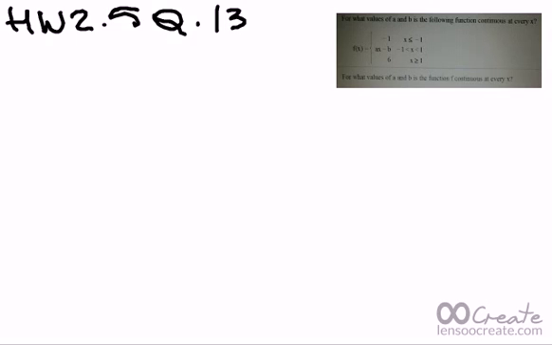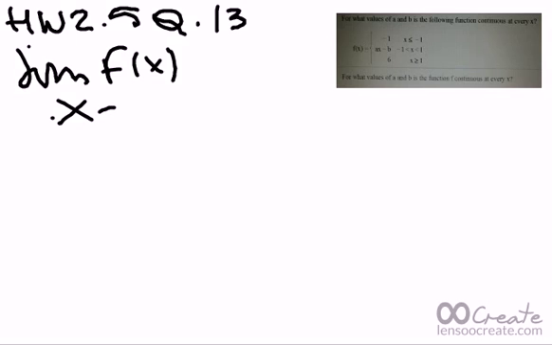Based on the very first function, I discovered that the limit of f(x) as x approaches minus 1 will equal minus 1.